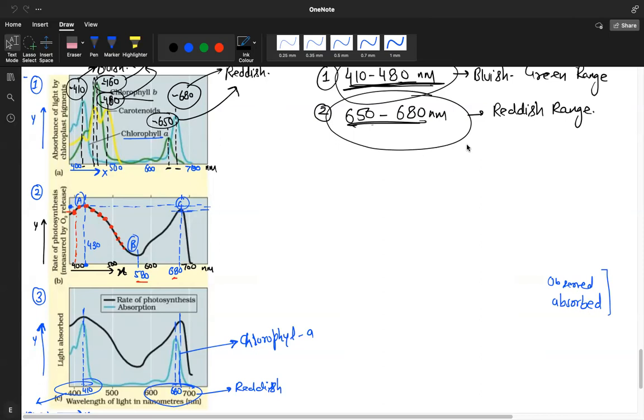And the minimum rate of photosynthesis is at 580 nanometers. Then the third graph basically shows the very strong positive correlation between the rate of photosynthesis and absorption of pigments, because the maximum rate of photosynthesis is at the same 410 and 680 nanometers. So this is the overall summary.